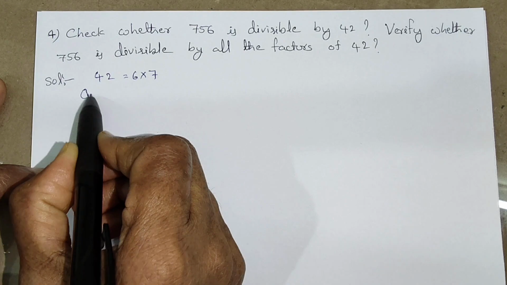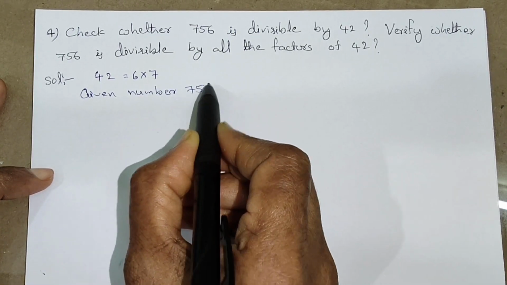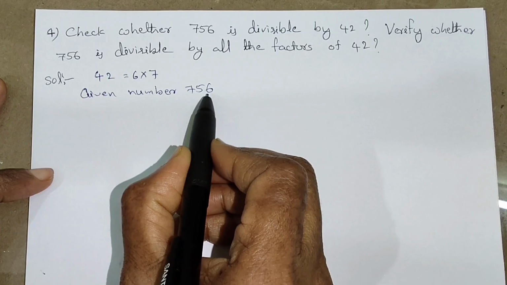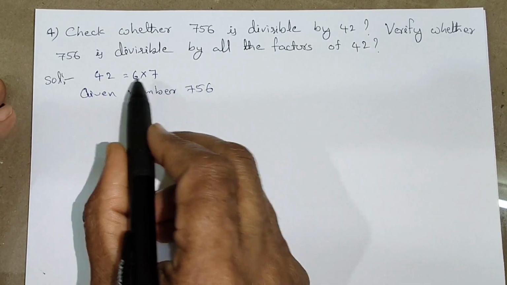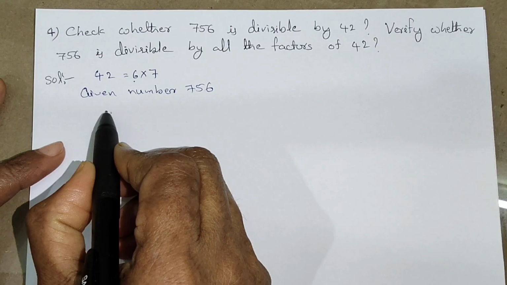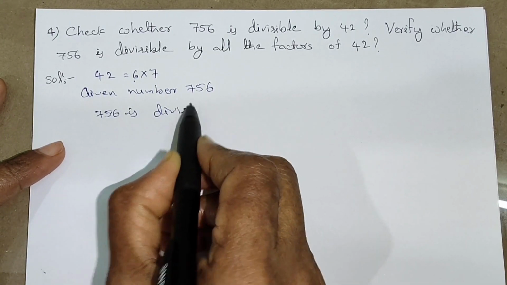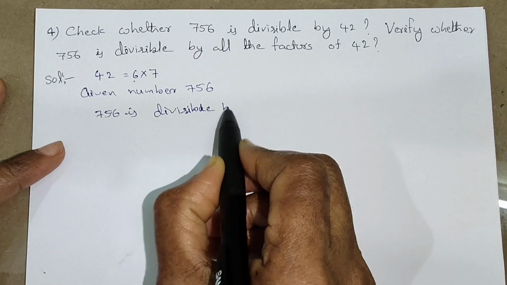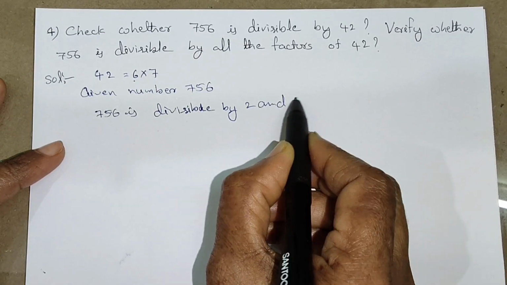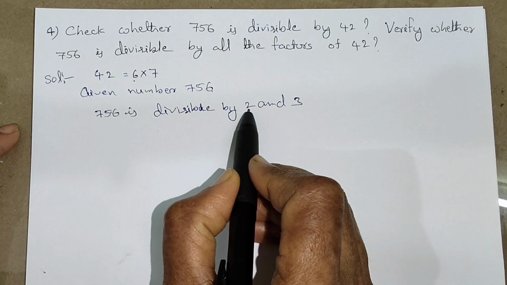The given number is 756. If 756 is divisible by 6, then this number is divisible by 2 and 3. The units place is 6, so this number is divisible by 2.